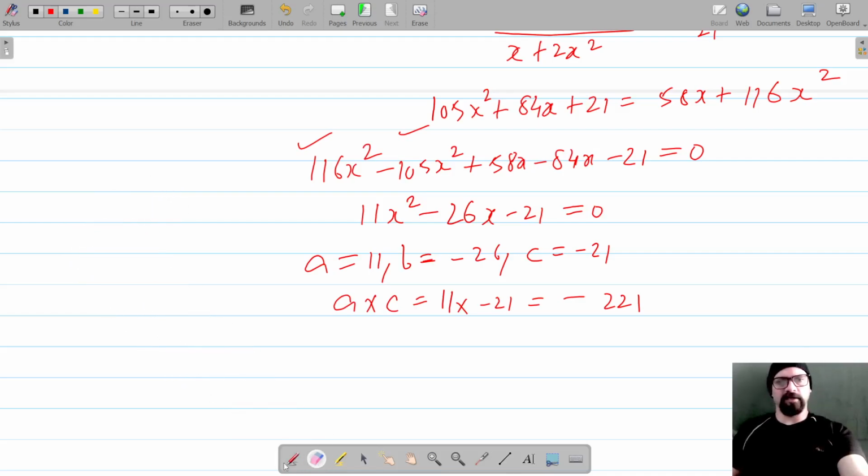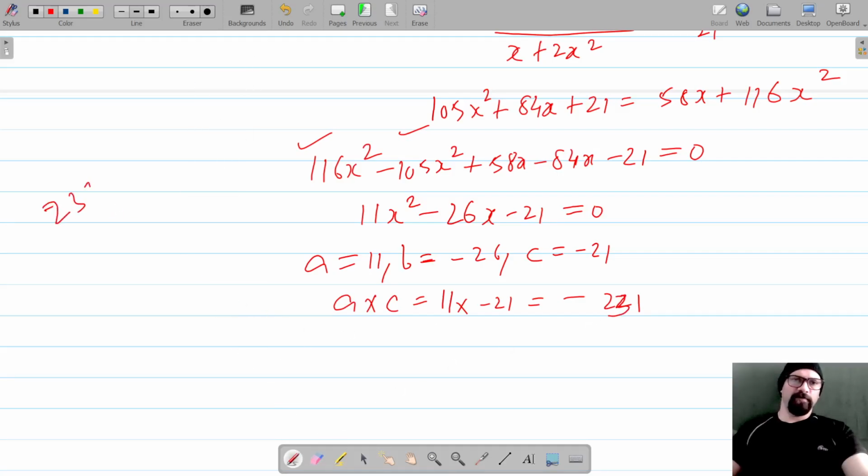The factors of 231 are divisible by 7. So 7 3s are 21. Okay, so 11 into 21, this is actually 231.